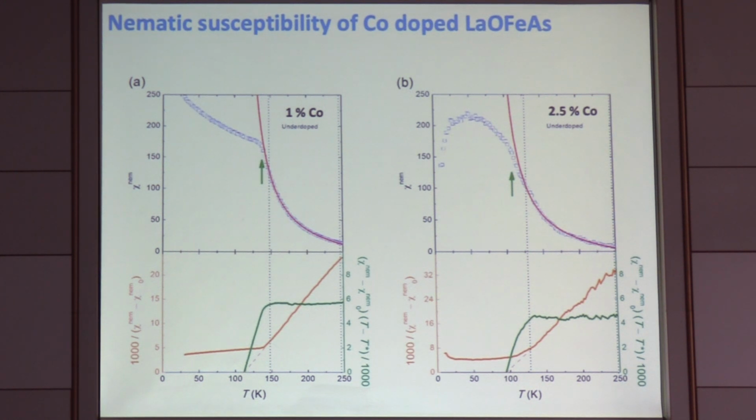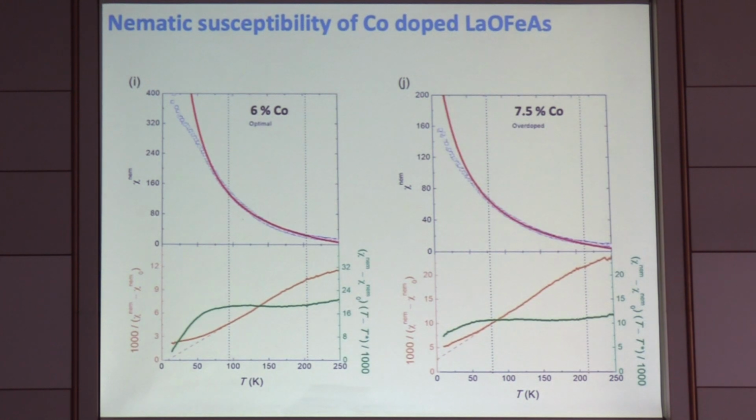So it's systematically decreasing. Even in optimal doping, you still see this nematic susceptibility, this divergence. Now, if you try to fit it, the quality of the fit becomes a little bit worse, let me say that. But if you do that, you end up with a characteristic temperature close to 0.